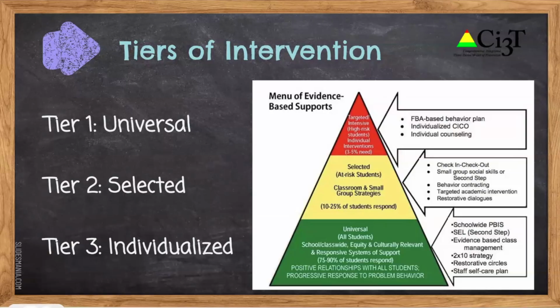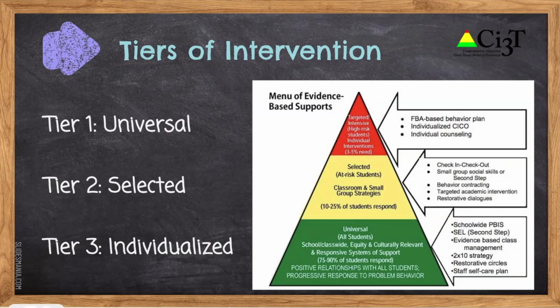Tier 2 is small group, and it's roughly 10 to 25% of the kiddos in your school, because that's the number of students that aren't responding to just the universal strategies that we're using.